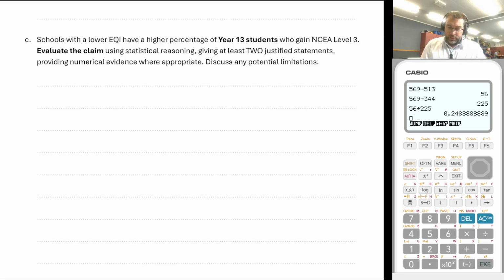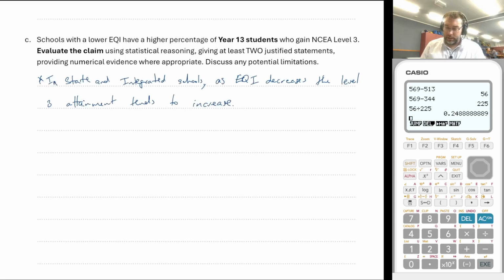So the first thing that I'm going to write, and I'm going to use bullet points like I did before, is basically looking at the relationship that we've already covered, but I'm going to qualify that by saying that it's in state and integrated schools. So that's basically the same statement we had before. In state and integrated schools, as EQI decreases, the level 3 attainment tends to increase.